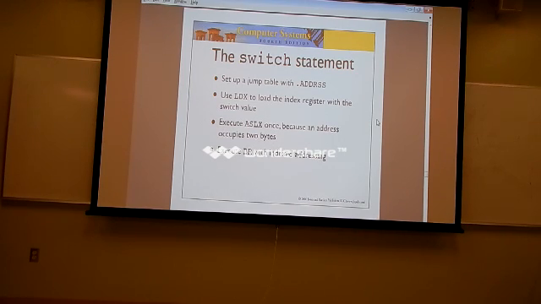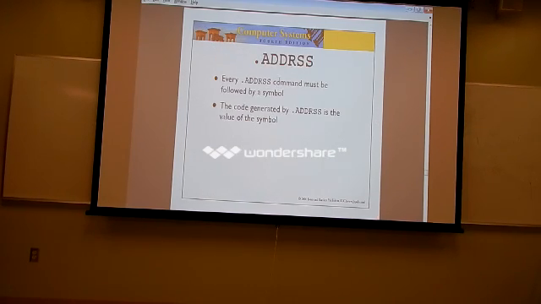So what we're going to do is set up what's called a jump table. When we look at the assembler, we're going to see where this command .addrss is used.